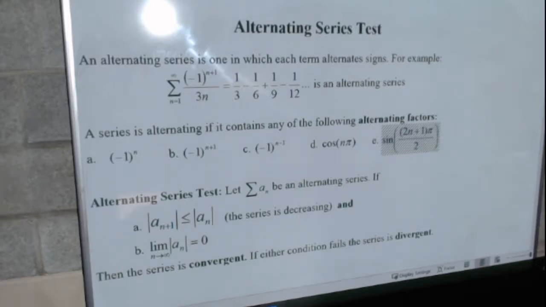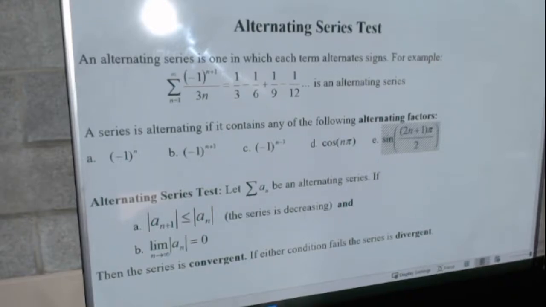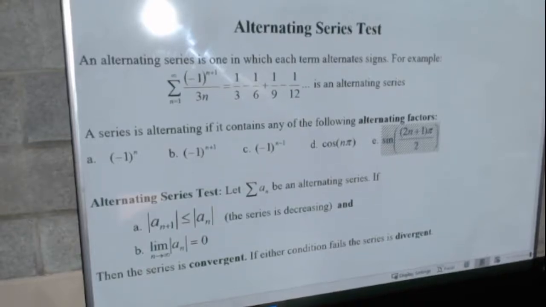So let's see, if we make it n pi over 2, pi over 2, that's 1. 2 pi over 2. Nope, it's got to be... Is it n plus 1? It's got to be odd numbers.